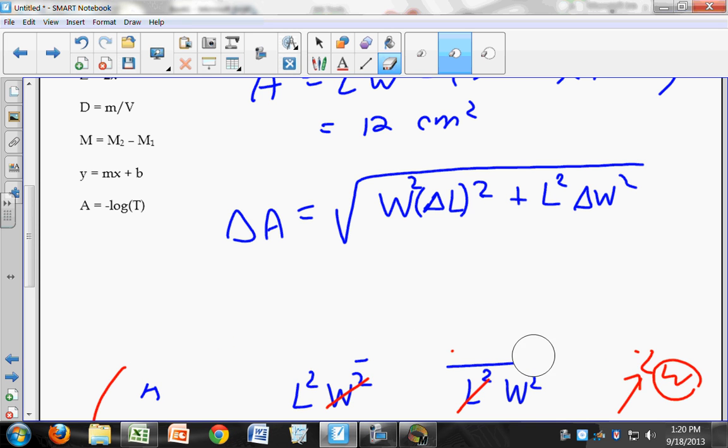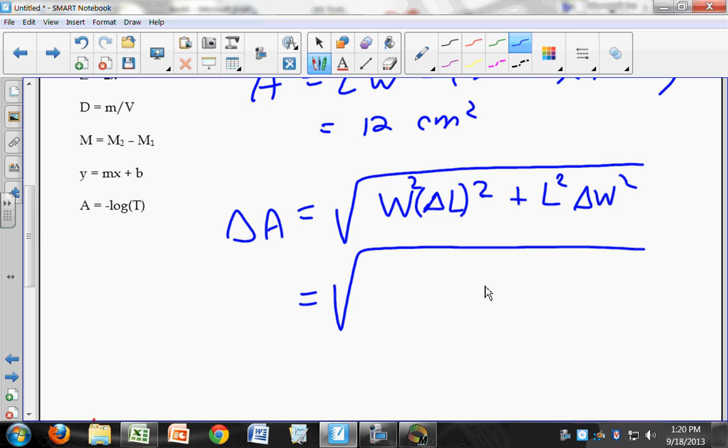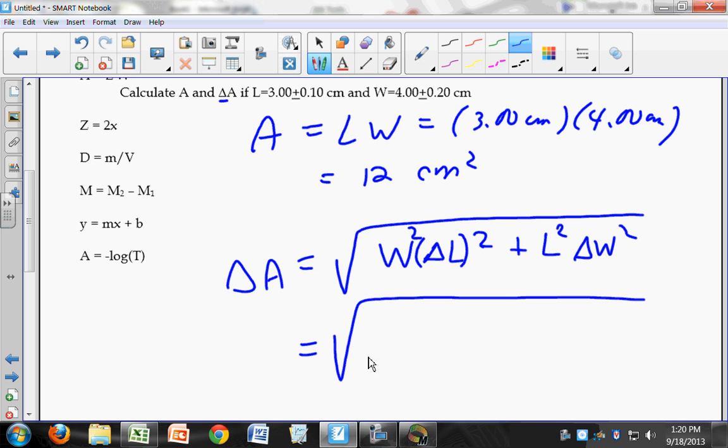What would that be? Square root of, what's our W? 4 squared. And delta L is 0.1. And what's our L? 3 squared. And what's our delta W? 0.2.